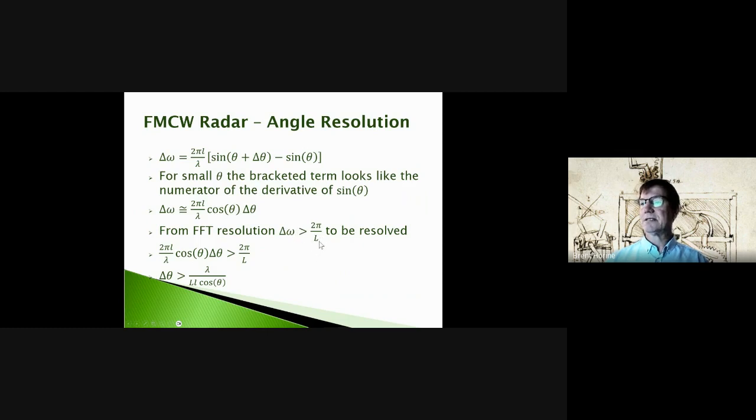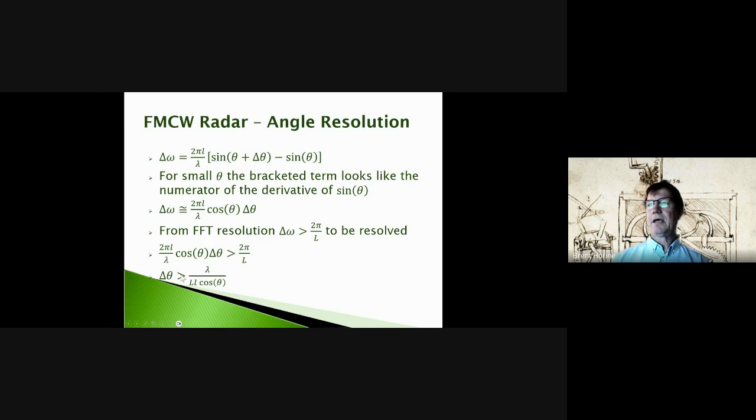From our knowledge of discrete Fourier transforms, and looking at our resolution across L samples, in order for us to resolve two targets at two different bearings, these relationships need to hold. This is our delta. This comes from FFT concepts, and this comes from our approximation up here.